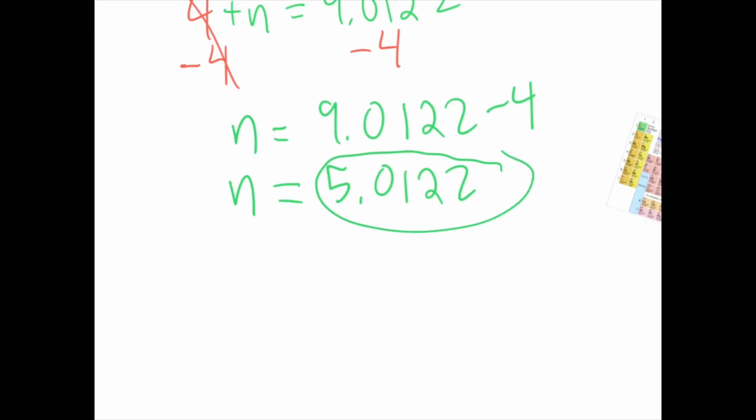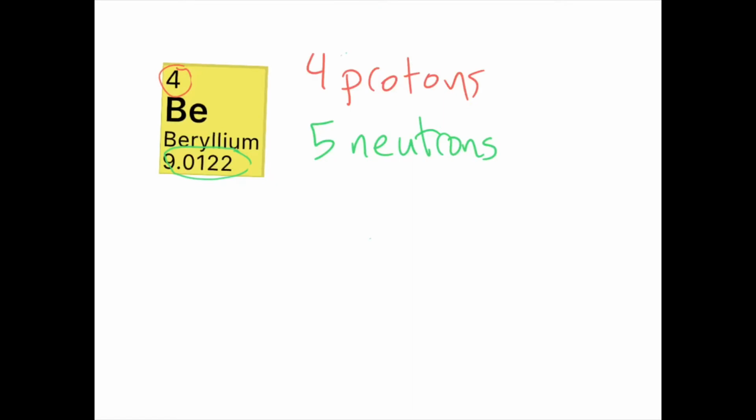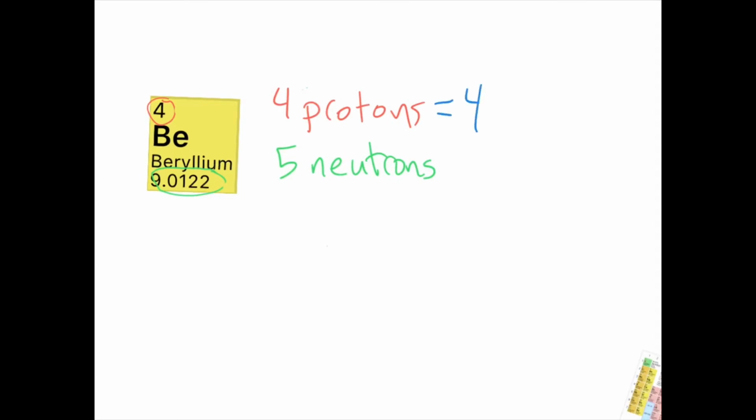Because it is impossible to have 5.0122 neutrons, we are going to round down to 5. So our total will be 5 neutrons. Now we know that a beryllium atom has 4 protons and 5 neutrons. For a neutral atom, we will have the same number of protons as we do electrons.